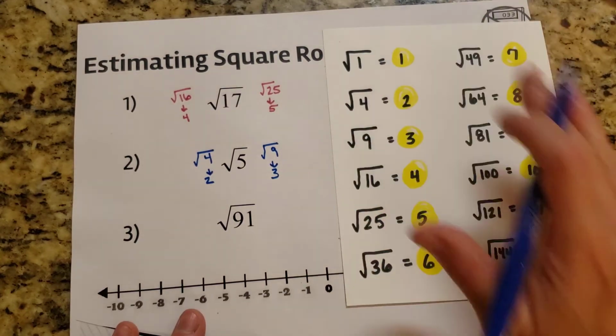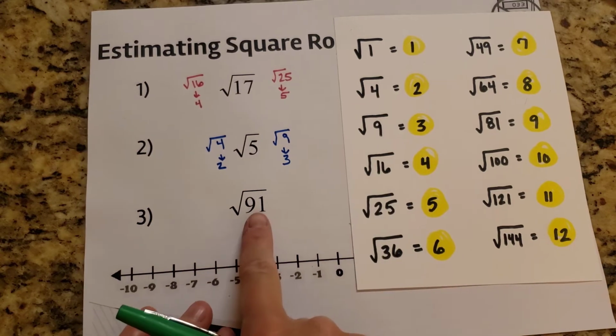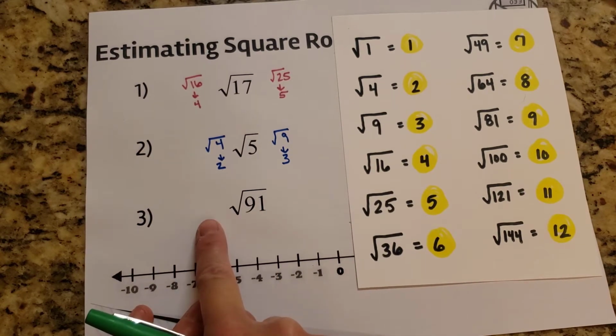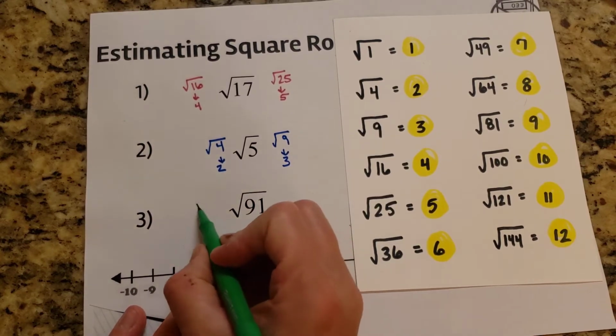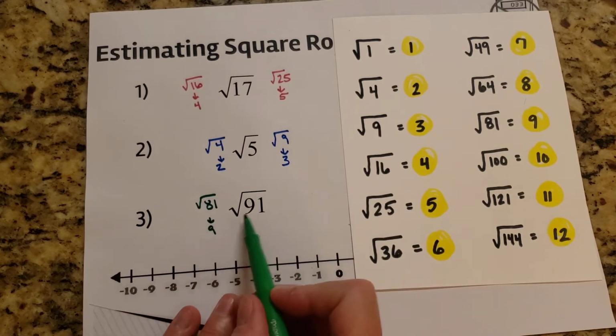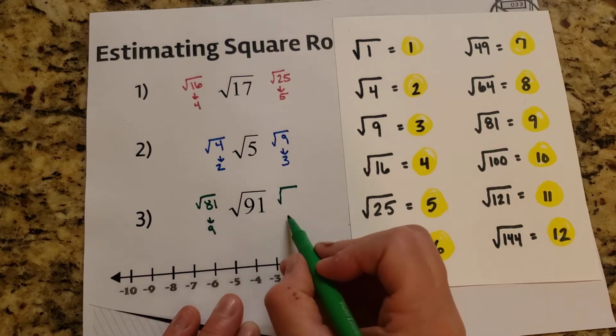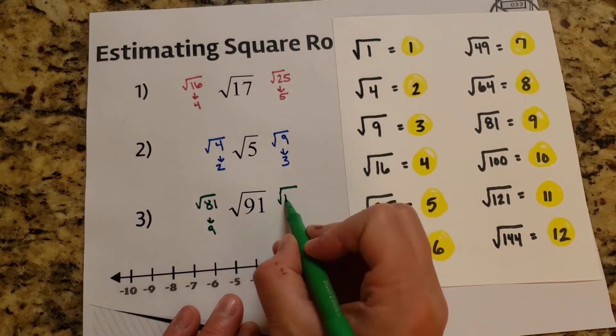Okay, next we have the square root of 91. Think about what perfect square root comes right before it. You got it, square root of 81, and that's 9. So this is going to be a little bit more than 9. If this is 9 times 9, then this is going to be 10 times 10, isn't it? 100.